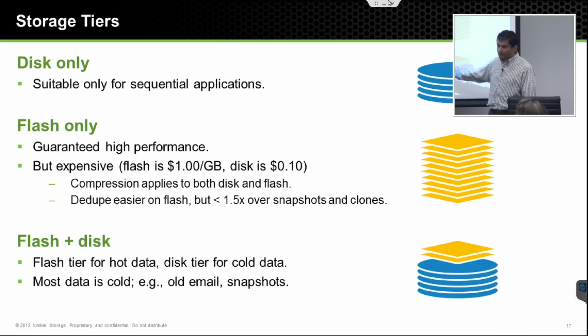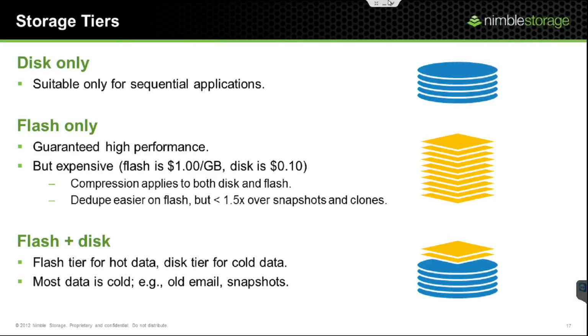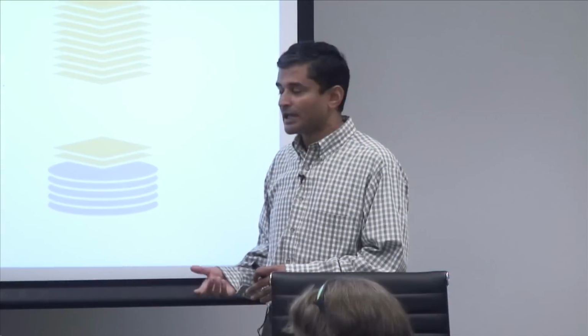The third option here is to have a combination of flash and disk, and that holds the promise of providing the best of the two worlds. So you could have a flash tier for your hot data, and a disk tier for your cold data or data that you access sequentially. Right? And this in practice works quite well because most of the data is cold.